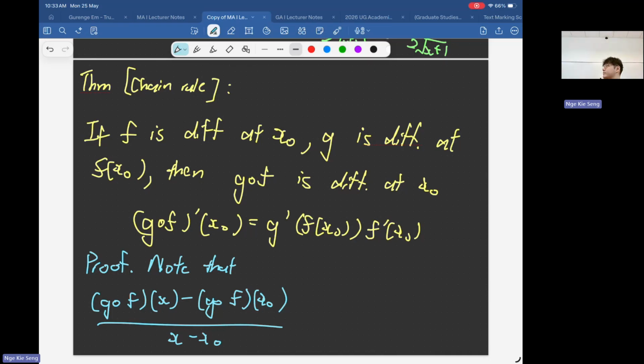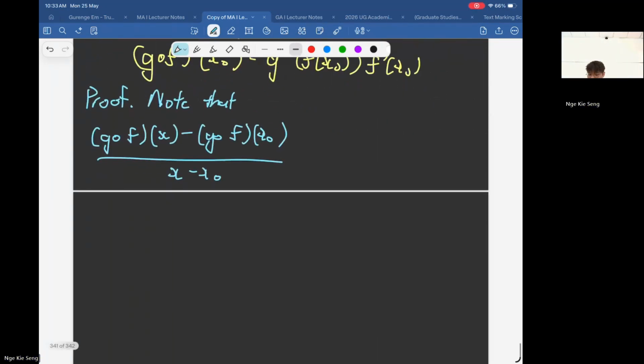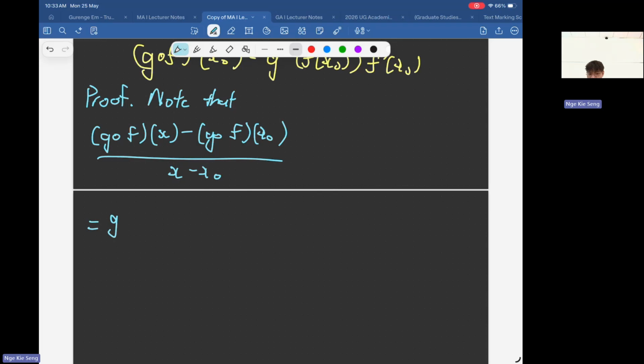So you need to try and relate back to the derivative of f. You need to somehow create the derivative of f. So what does it mean by creating here? We can rewrite this quotient to be this.